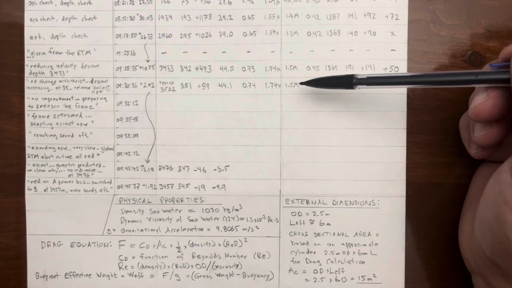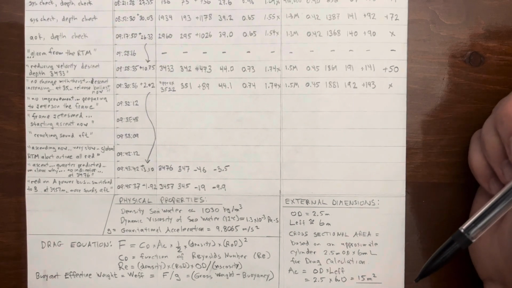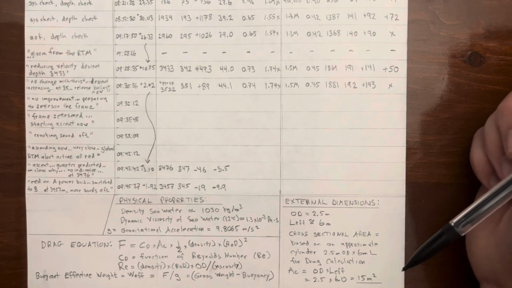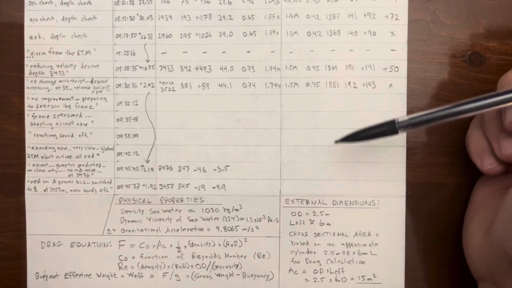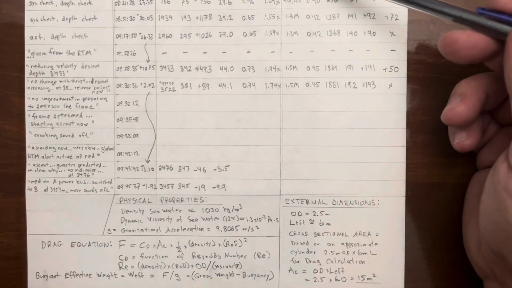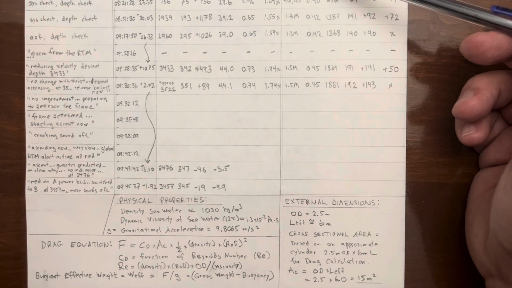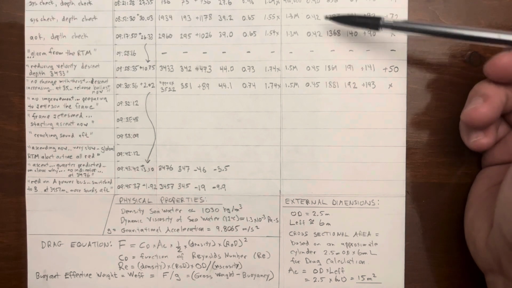But if you refer to any graphs, and there's many of them on search engines you can find, it shows a cylinder in cross flow, what the drag coefficient is, and the drag coefficient is another dimensionless quantity. The drag coefficient is the next column, and so I convert from Reynolds number for a cylinder in cross flow. In other words, the cylinder is going not end forward, but sideways downwards.